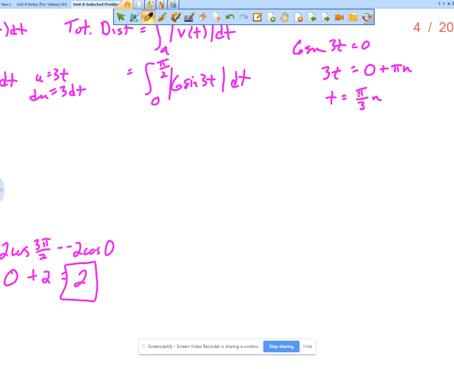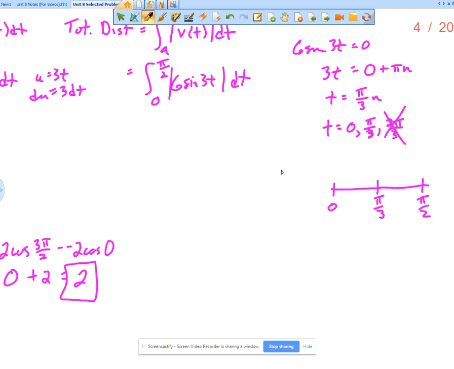So t is 0, pi over 3, 2 pi over 3, 3 pi over 3, and so on. But 0 is an endpoint, and pi over 3 is between 0 and pi over 2, but 2 pi over 3 is not. So our only values are 0, the endpoint, pi over 3, and the other endpoint, pi over 2.